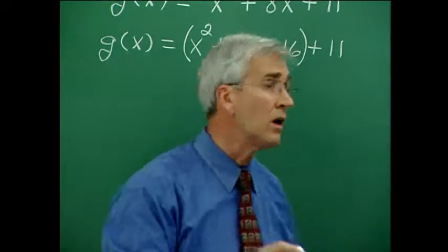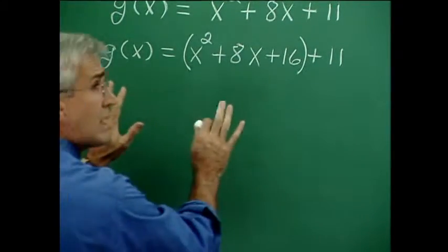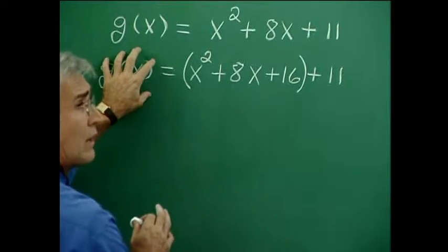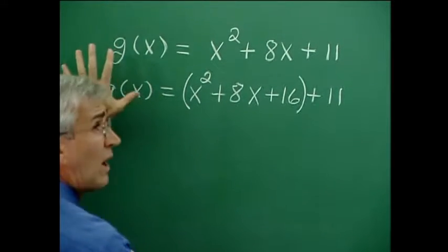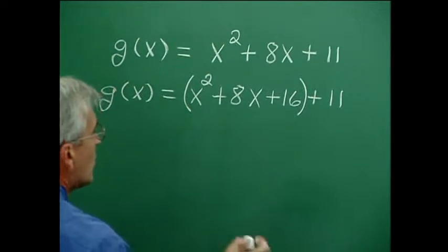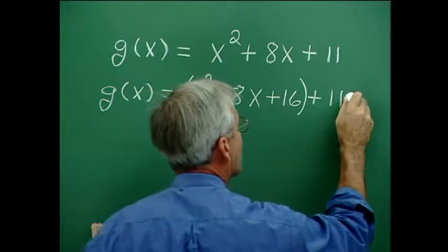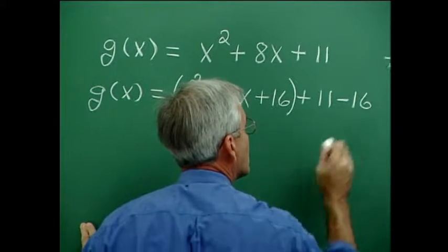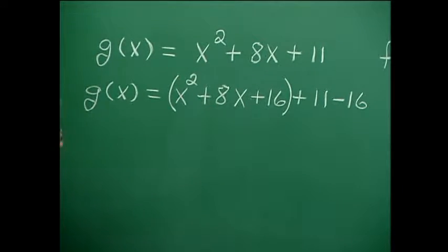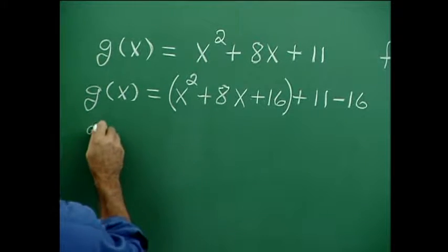But here, we're confined to this side of the equation. We want g of x over here, and we want to leave it over there. We don't want any other business over here. So when we add 16 here, we have to subtract 16 on the same side of the equation to accommodate that.